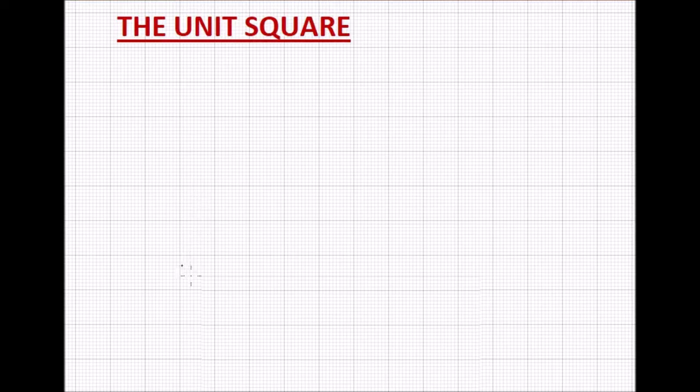We are going to use this graph to plot our unit square. So we will take that as the origin. Let's take this as our y-axis and this as our x-axis. So we can have this is 1 and this is 2 along the x-axis. This is 1 and this is 2.